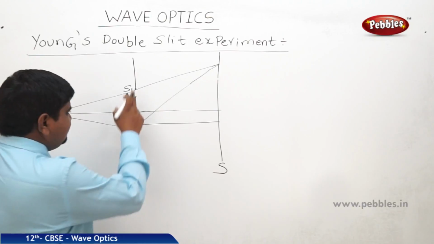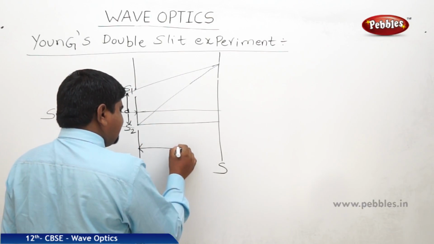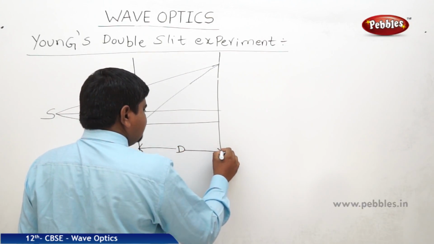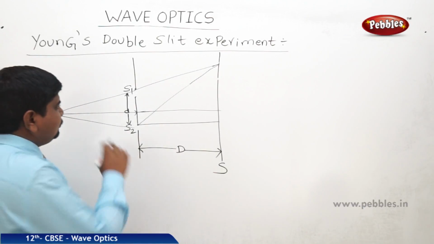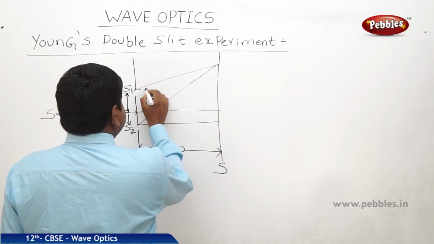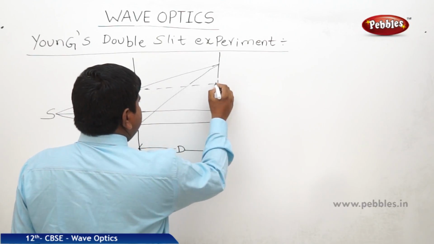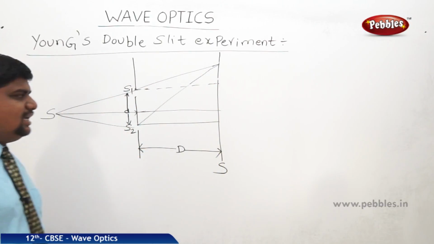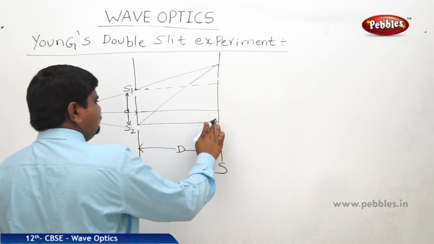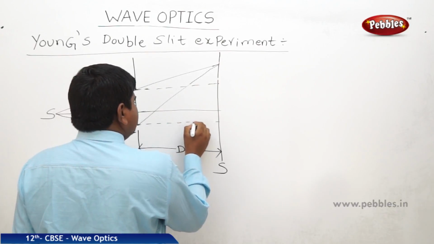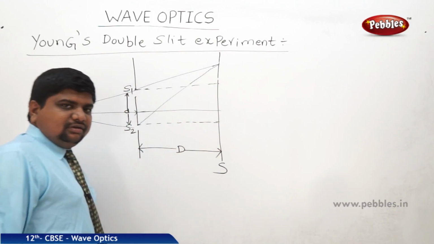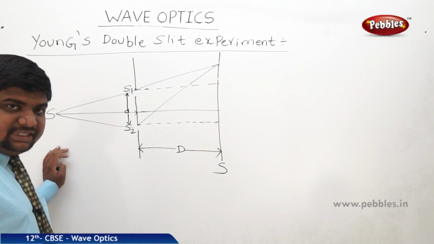The gap between these slits to the source is capital D. So from this explanation, we should draw the imaginary lines, and these imaginary lines have many meanings, and we should use the trigonometrical method to find out the total intensity and fringe width.